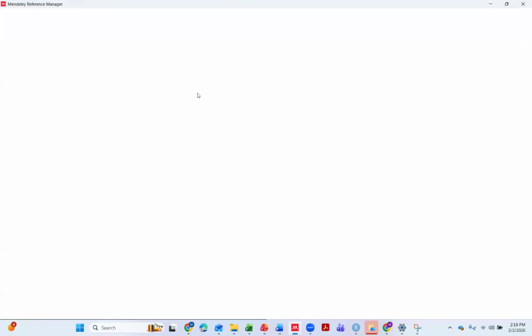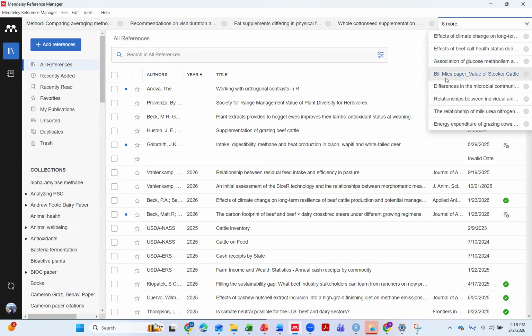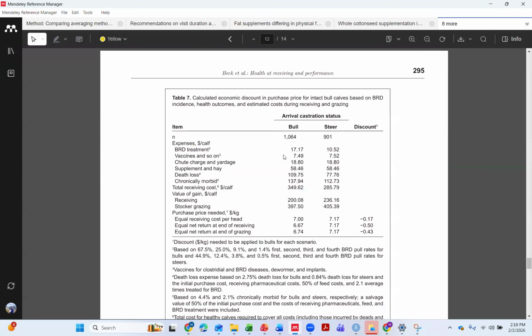So I'm just going to pull up this paper real quick to help make a point. Bear with me. So this is that Beck 2025 paper. To have equal net returns at the end of grazing, they need to have a 43 cent per kilogram discount for bulls, based off the scenario we made.